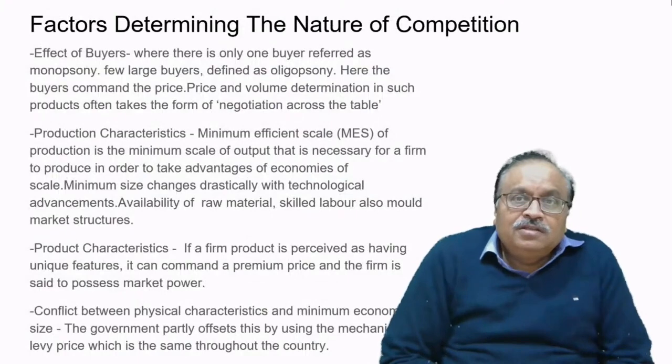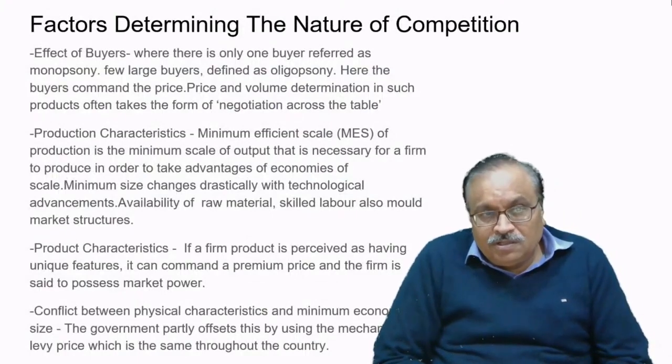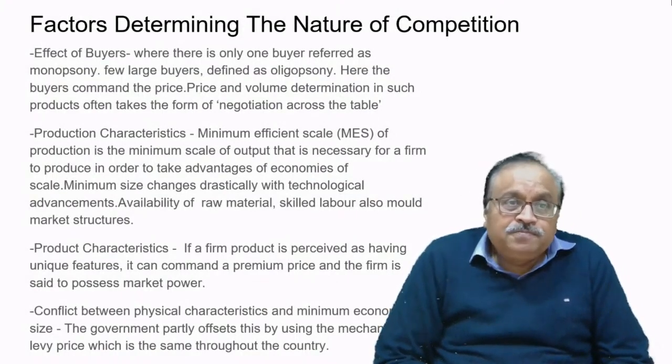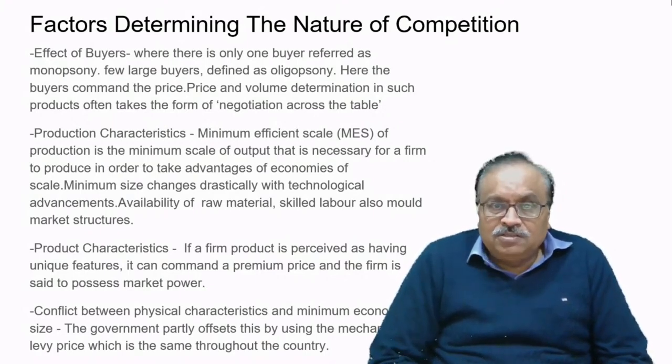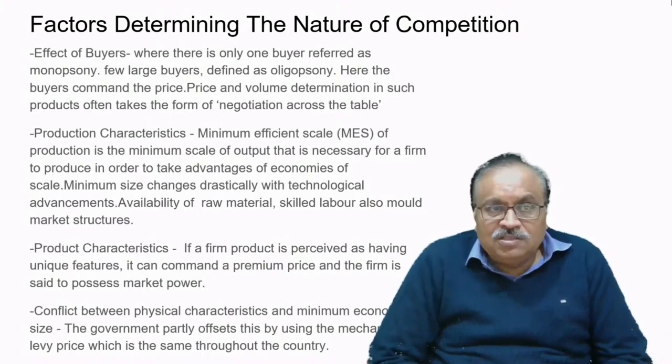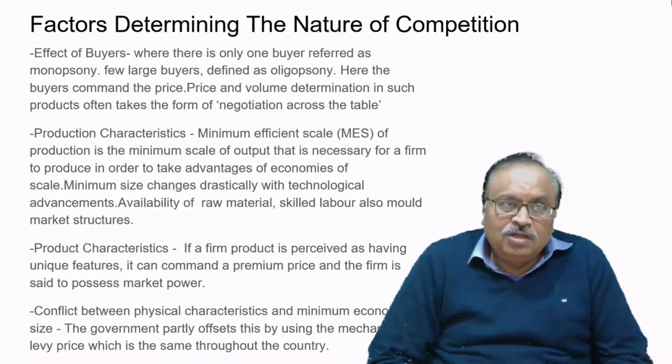Factors determining the nature of competition. First, the effect of buyers. When there is only one buyer, it is referred to as a monopoly. Few large buyers is defined as an oligopoly. Here the buyers command the price, and price and volume determination in such products often takes the form of negotiation across the table.